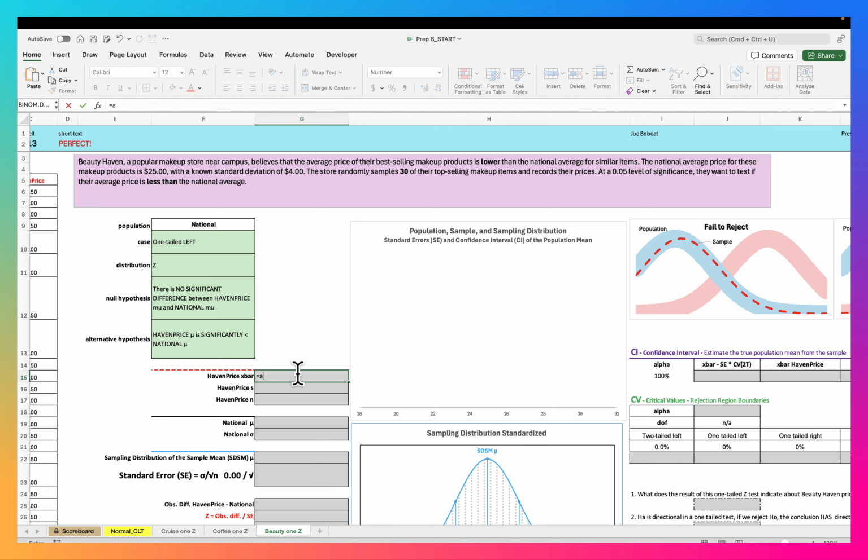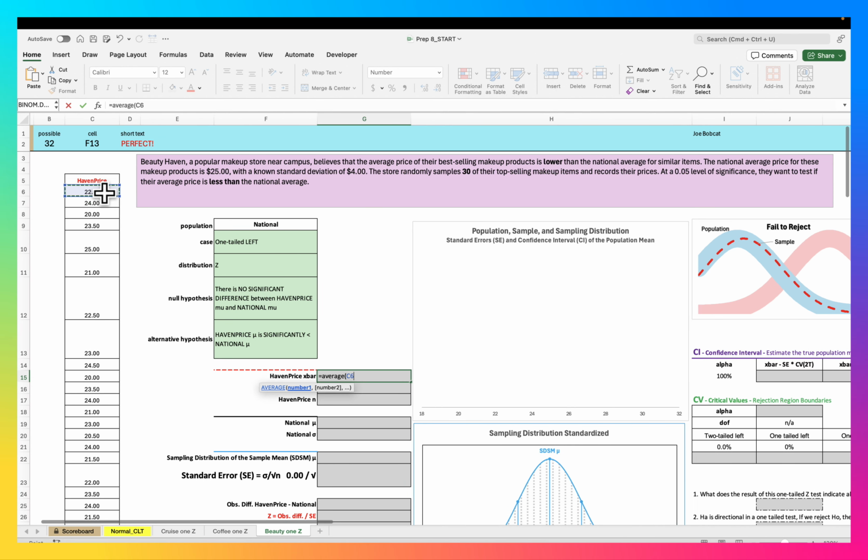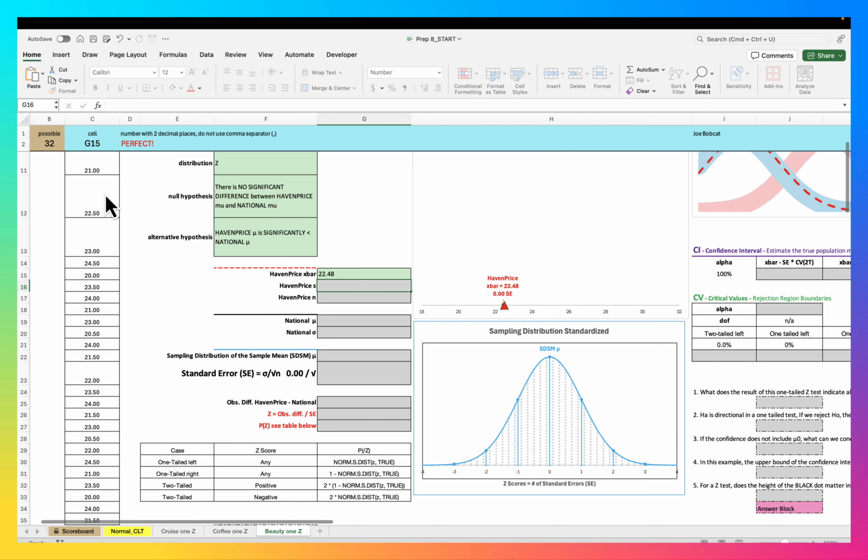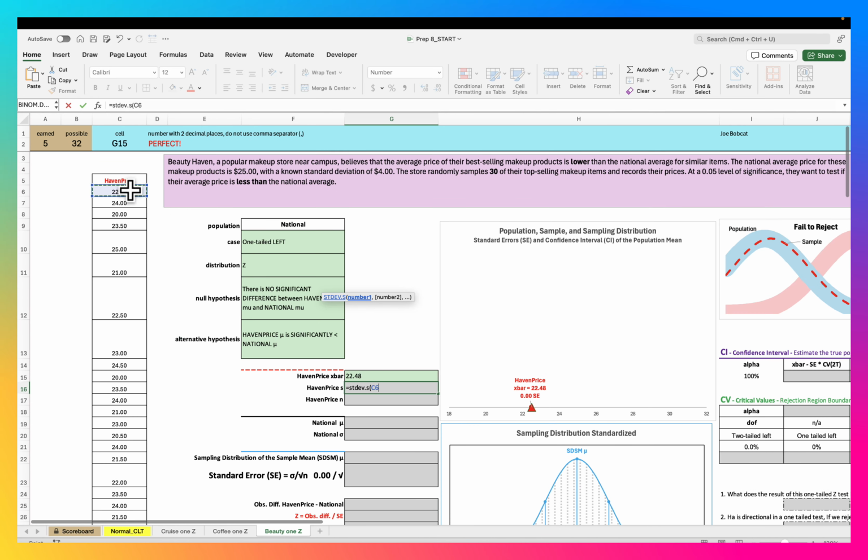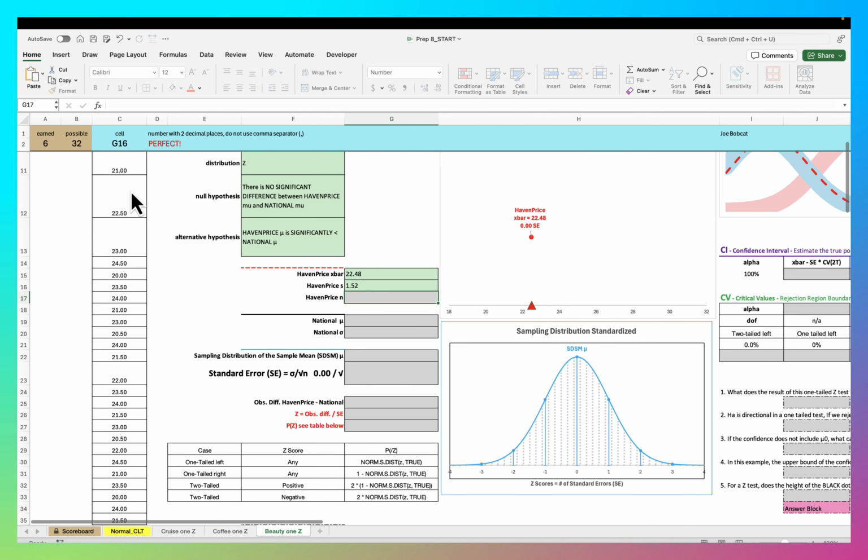Let's calculate the average of these items. And the standard deviation of the same items. And the count.